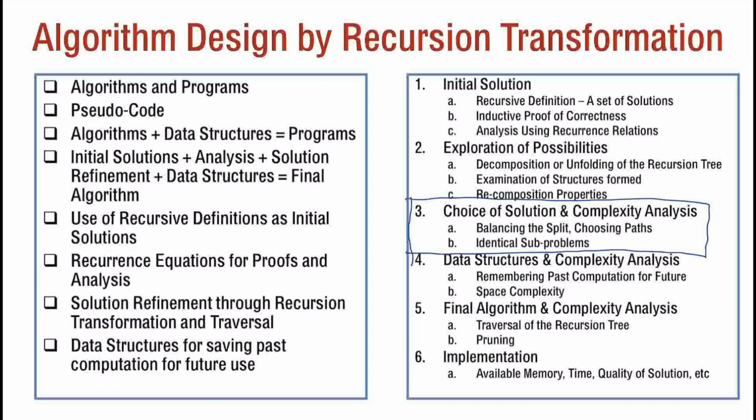Among the ways in which we make a choice, how do we balance the split is what is called, in our parlance, the divide and conquer method of algorithm design. However, they are all very intricately connected with data structuring and complexity analysis.